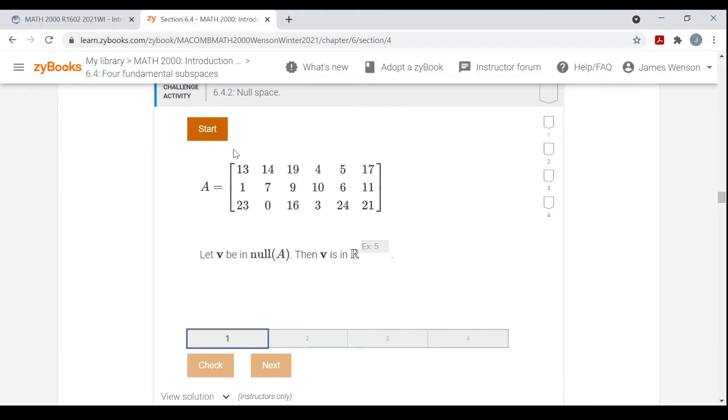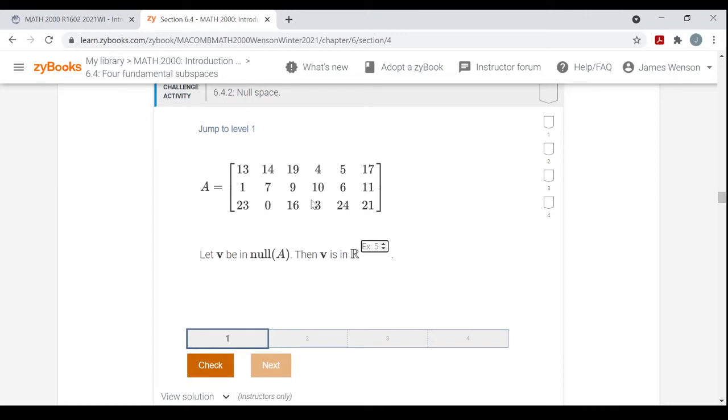Now again, I'll start the challenge activity here. You have a 3 by 6 matrix. If v is in the null space of A, then v is in which of those Euclidean coordinate spaces? How many components would it have?